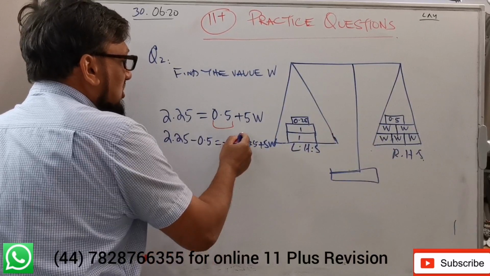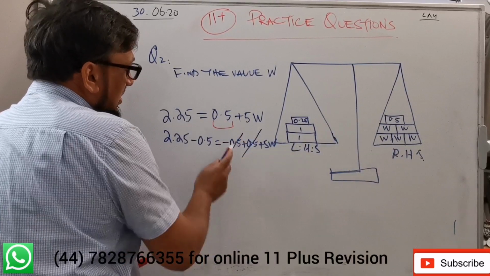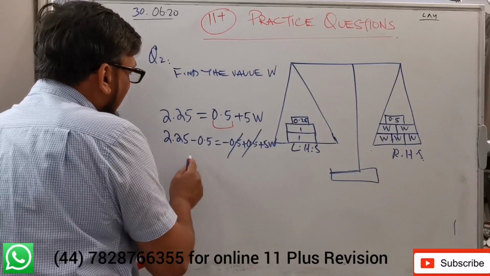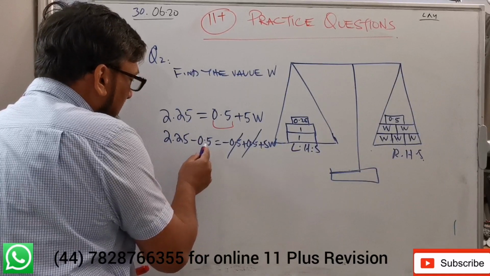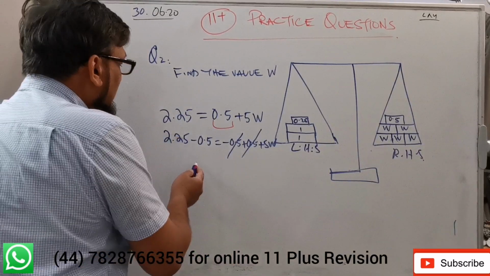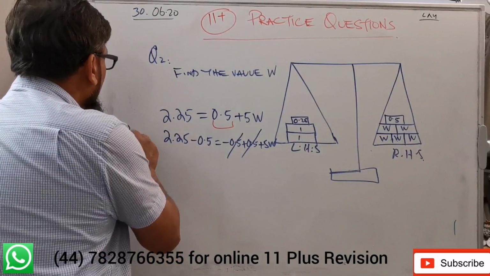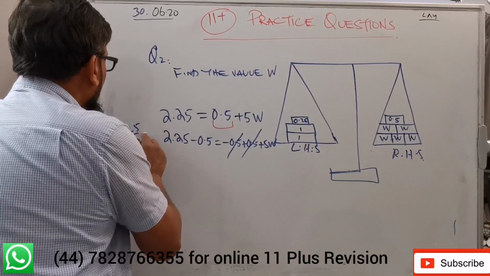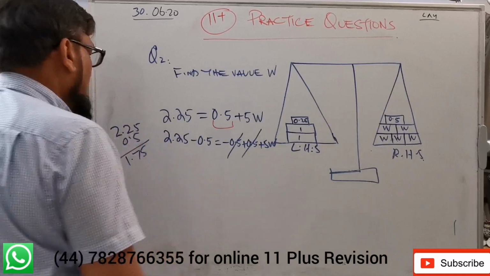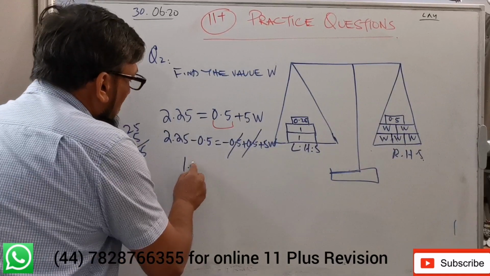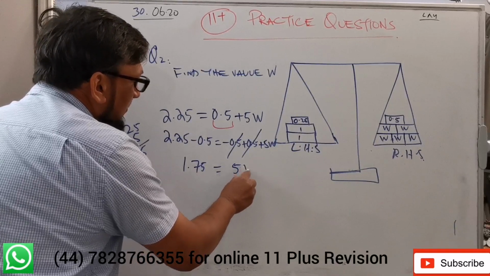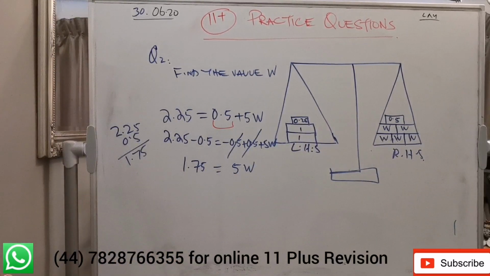So this minus and plus 0.5 cancel, and 2.25 take away 0.5, which you know will be 1.75. So 1.75 is equal to 5W.